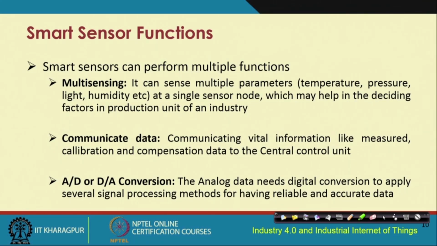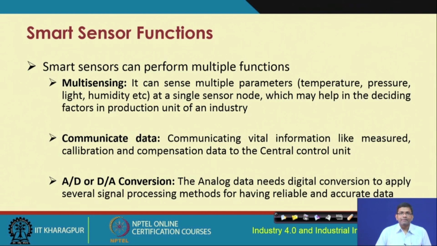Smart sensors can perform multiple functions. Multi-sensing, as I told you before, is about sensing multiple parameters such as temperature, humidity, light, pressure and so on in a single sensor node. Communicating the data that is measured, calibrating the data, and then compensating the data and sending it to the central control unit is the next important function of a smart sensor node.